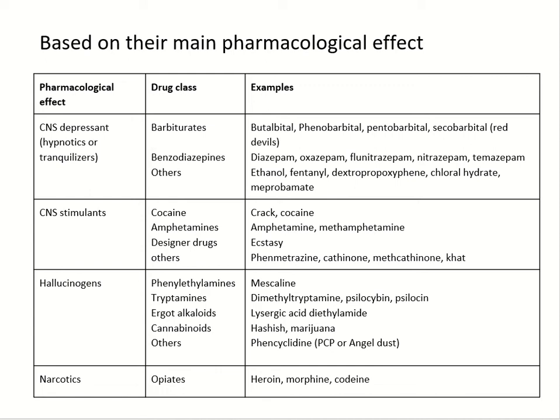Hallucinogens: phenylethylamines are mescaline, tryptamines are dimethyltryptamine, psilocybin and psilocin, ergot alkaloids, lysergic acid diethylamide, cannabinoids, hashish and marijuana. Others include phencyclidine, PCP or angel dust. The main drug class of narcotics is opiates, for example heroin, morphine, and codeine.